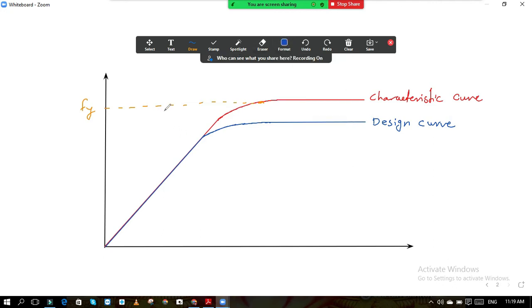Here again, if I plot this over here, this is your 0.87 Fy. Now the main thing I want to tell you is that here we cannot easily get the slope at the point where the curve changes its shape, like in the previous one, mild steel.